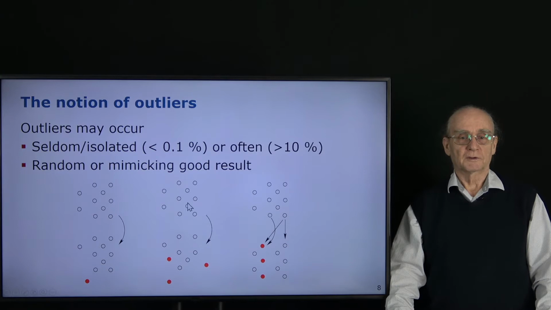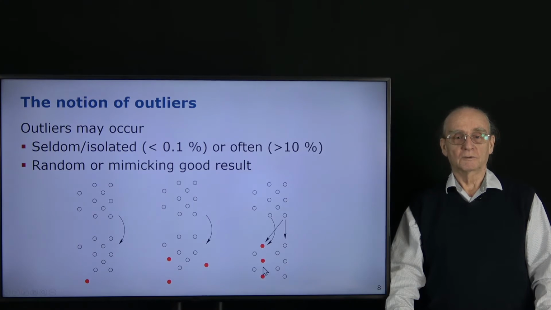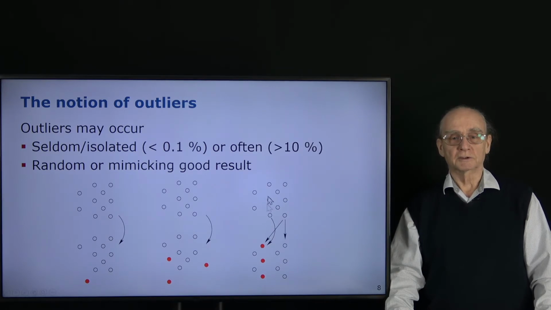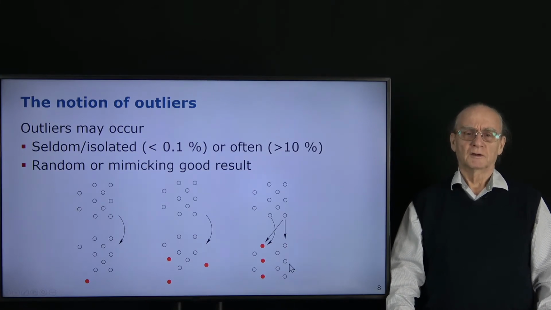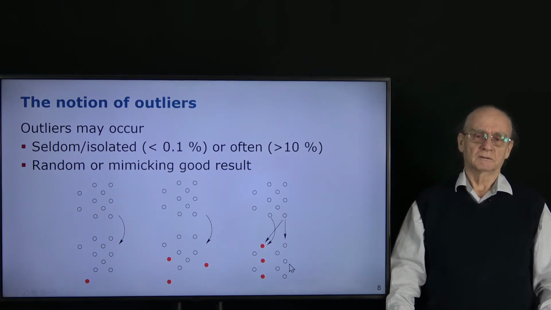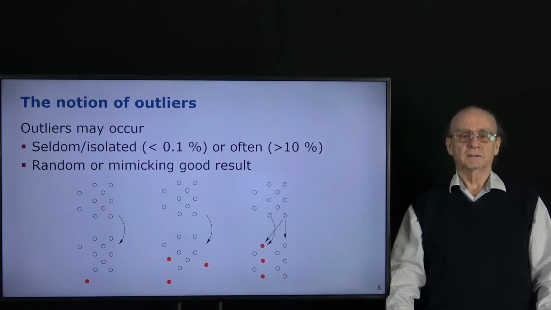If there are groups of them, they may be separate, so like this, but they also may mimic a good result. So if you want to find straight lines here, you find, so this triple is shifted here, but it also may be that this corresponds to this one, and these are outliers. So it's not very clear that if you have outliers and they are not rare, then the outliers may mimic a good result.